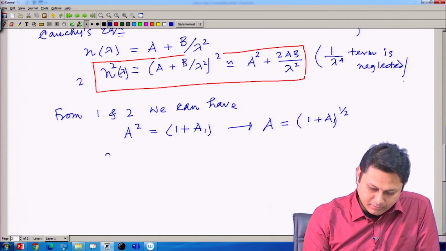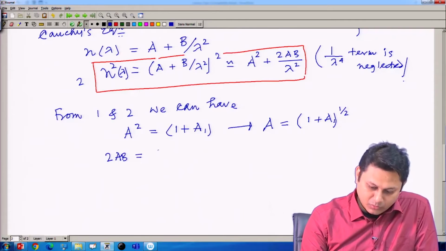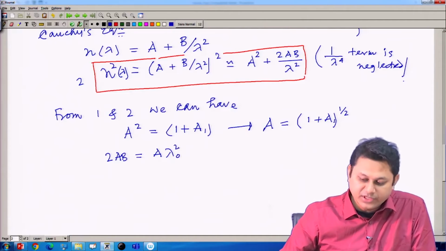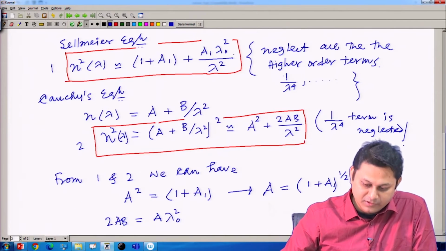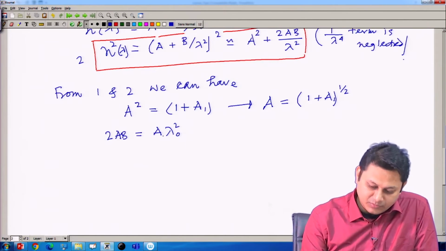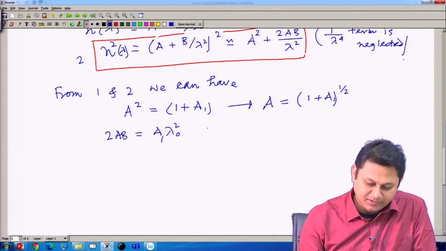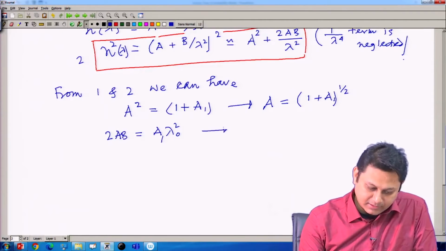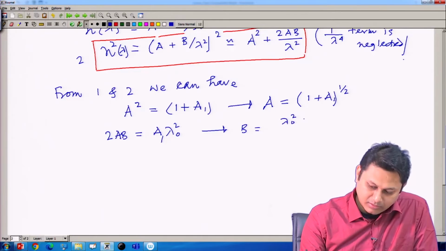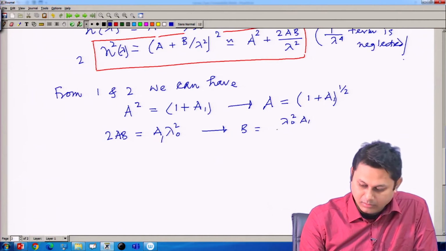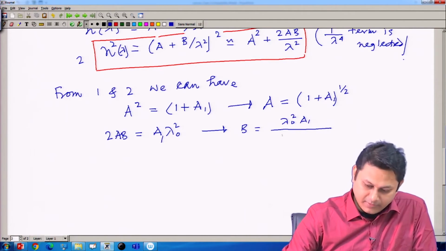And 2AB is equal to A1 lambda 0 square, because the coefficient of 1 by lambda square is A1 lambda 0 square. So, from that I can have the value of B as lambda 0 square A1 divided by 2 of A, and A I already figured out.